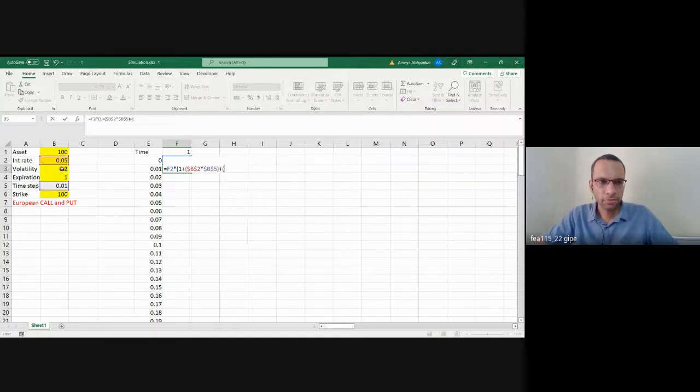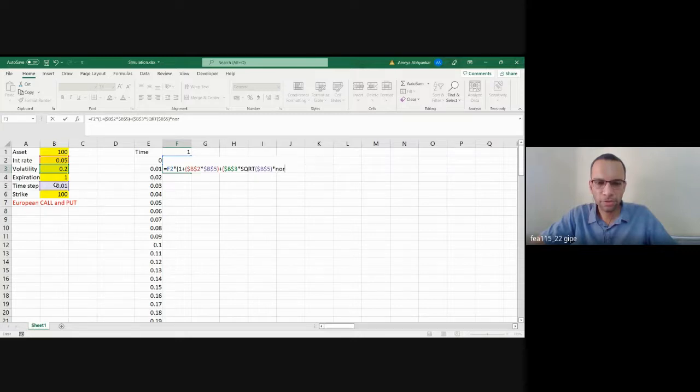So sigma F4, and dW will be phi root dt, so square root of dt, into random numbers.